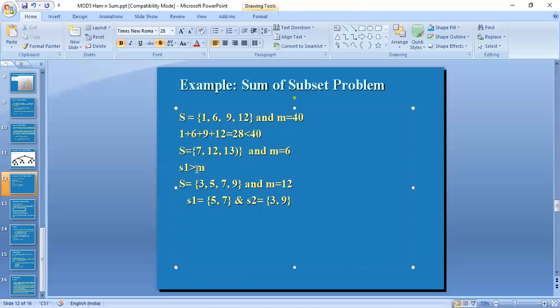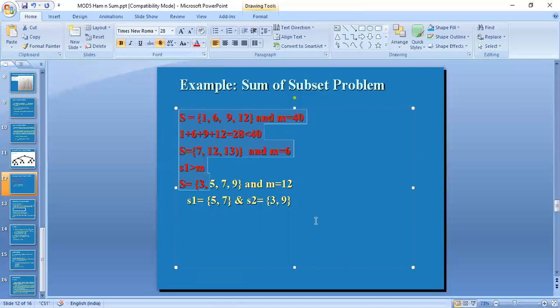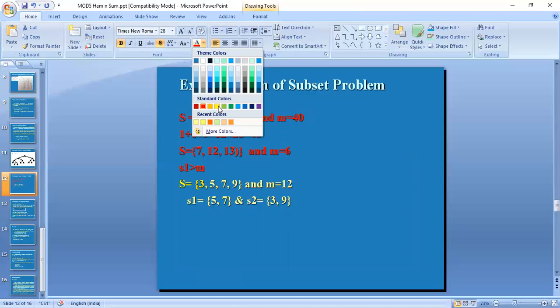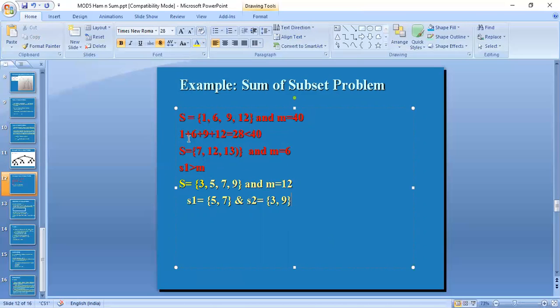Will you get a solution? No. So in these two cases, you will not get a solution: when the total of all the values is less than m, and when the first integer itself is greater than your m value.